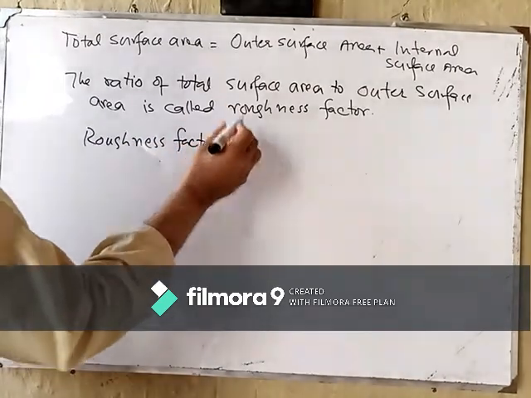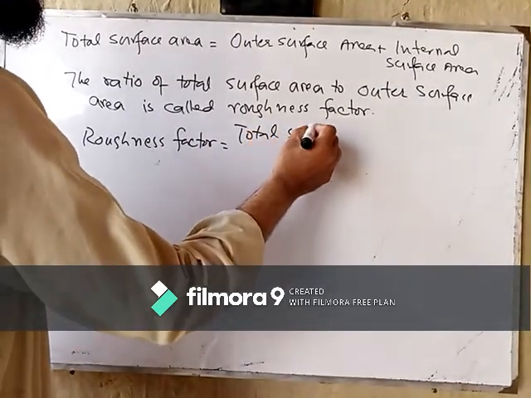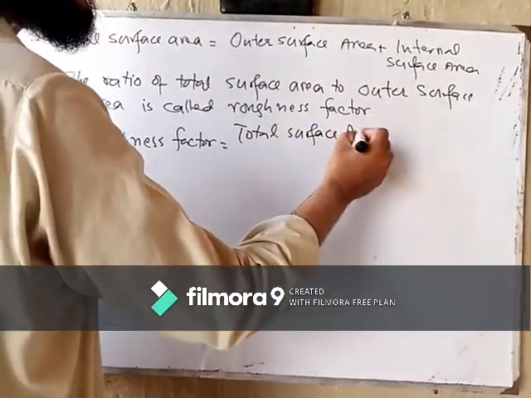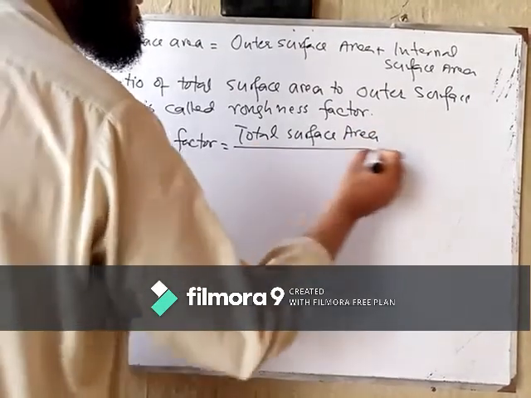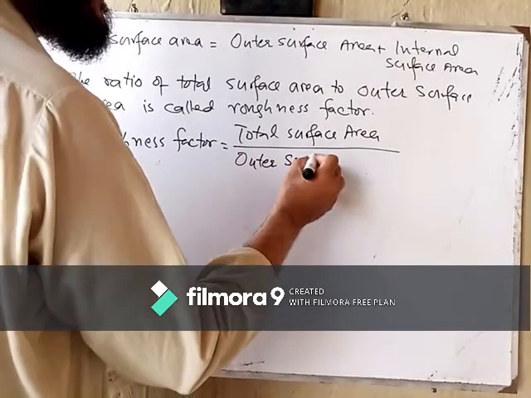Roughness factor is equal to total surface area divided by outer surface area.